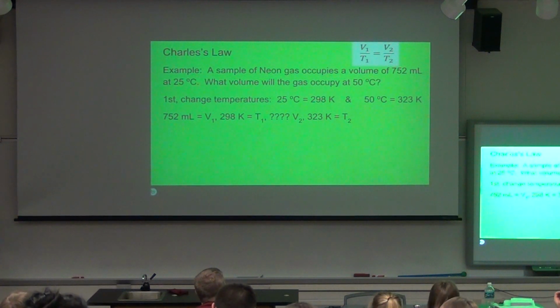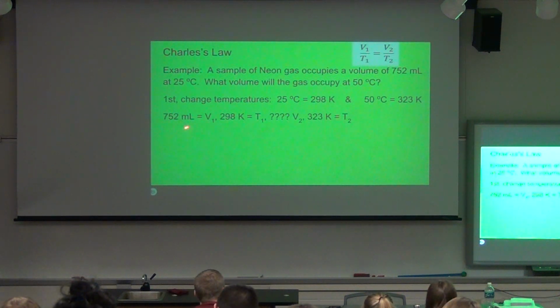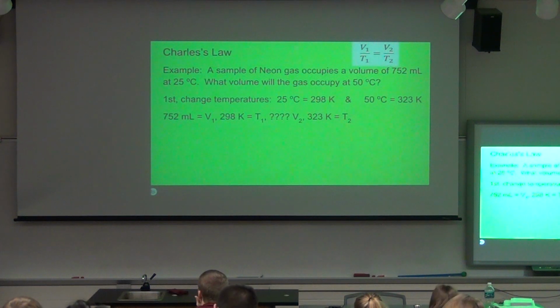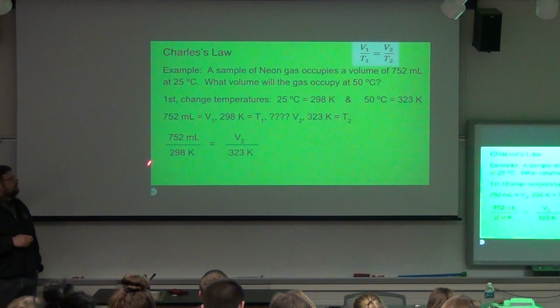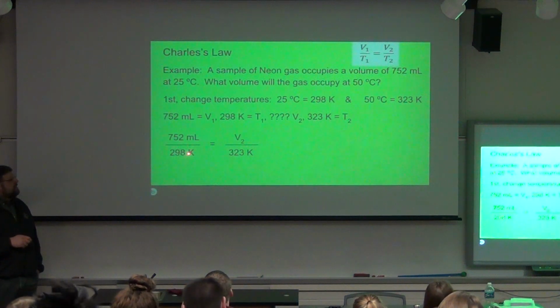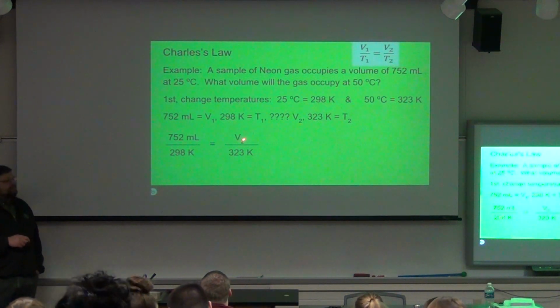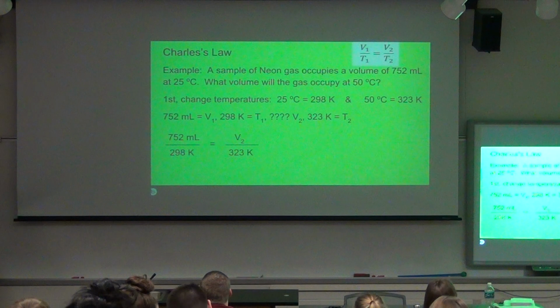So our first volume is the 752. Our first temperature is the 298. Got to use those in our equation. We're trying to solve for V2. And 323 is our second temperature. 752 divided by 298 equals V2 over 323.